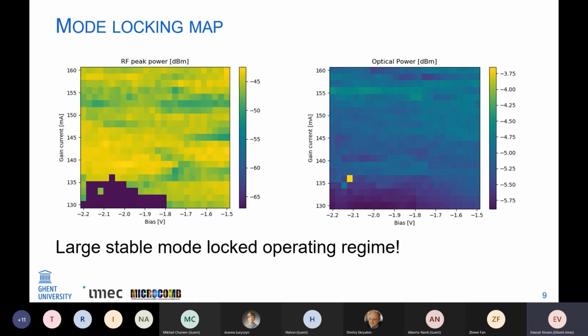In this case, it was 15.5 gigahertz. And the region where we get mode locking is very large, and the optical output powers also don't vary a lot. You can see there's one measurement error here, and then the rest, there's a variation of mostly 1.5 decibels.